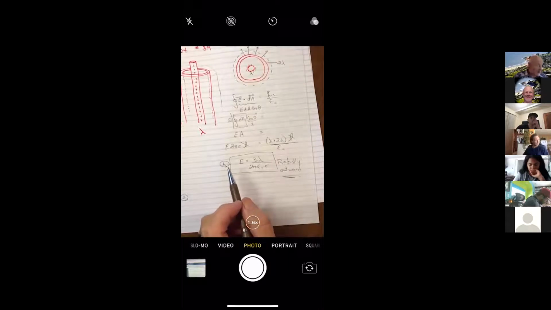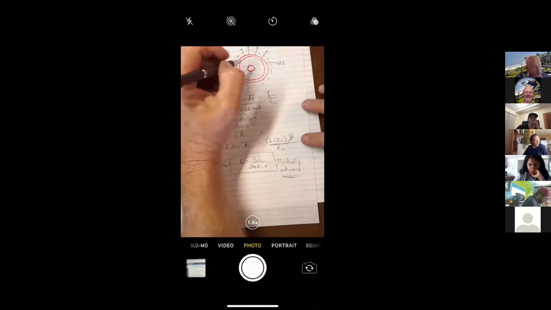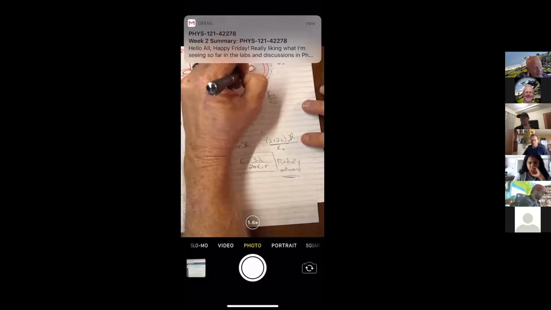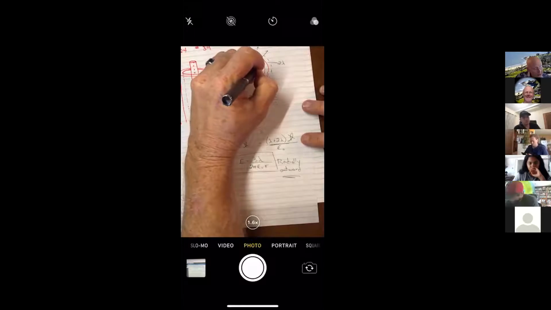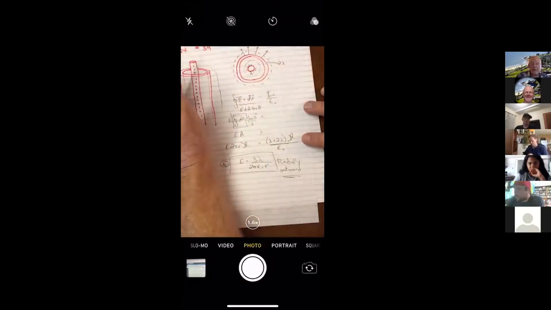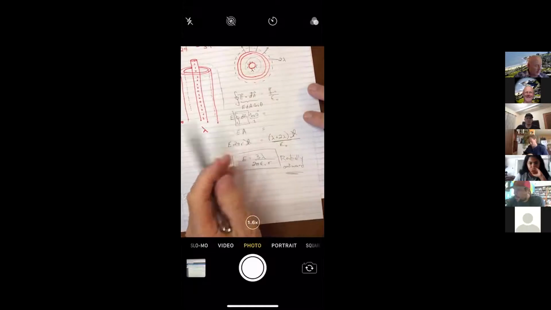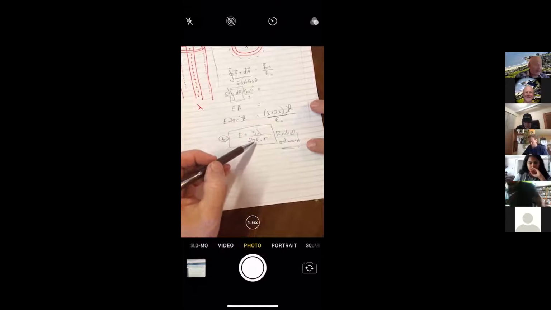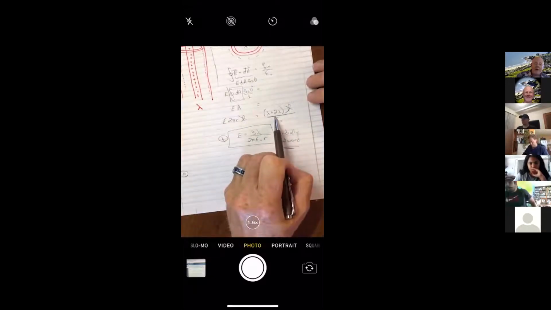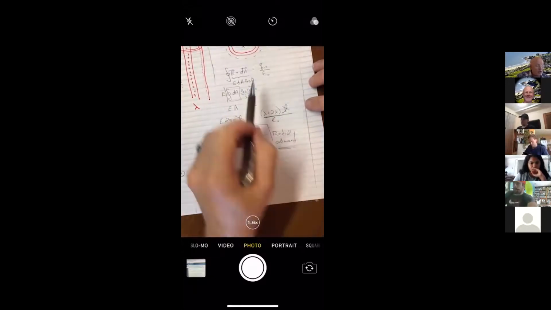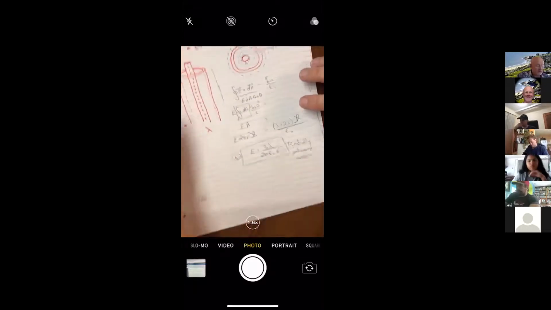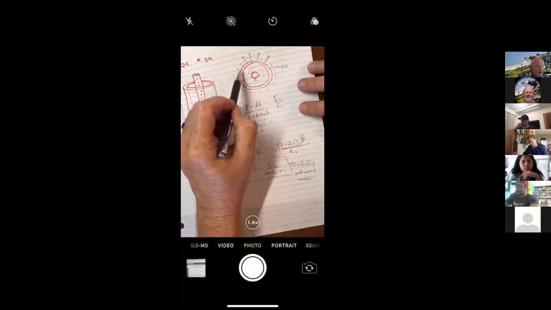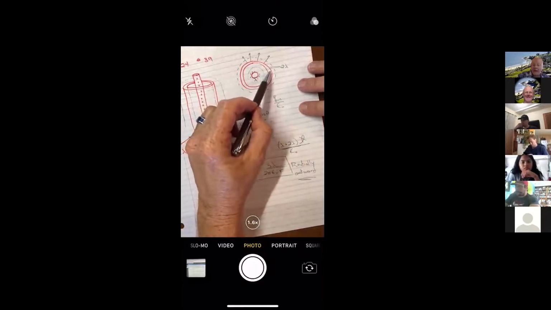and if I had done this, I wasn't asked to do it, but if I was asked to find the electric field in here, all of these steps would have been exactly the same, except right here, because the charge enclosed, when I make this circle here, I'm not including these charges that are on that outer conductor.